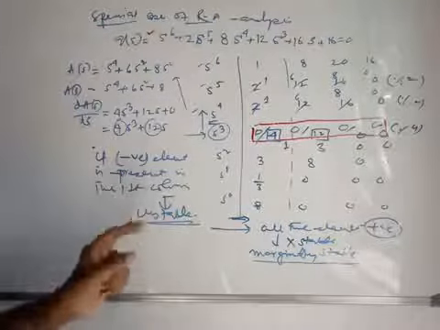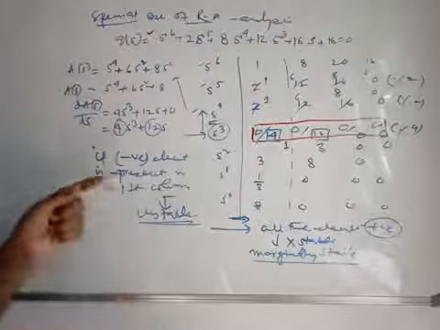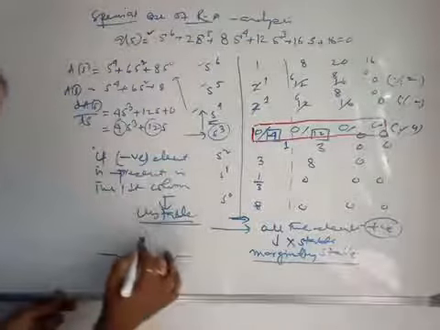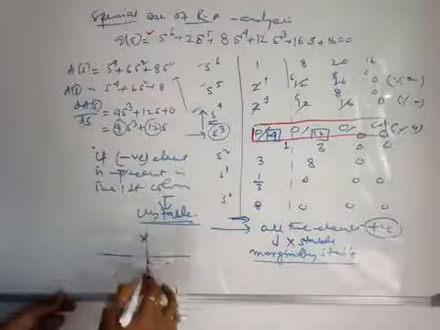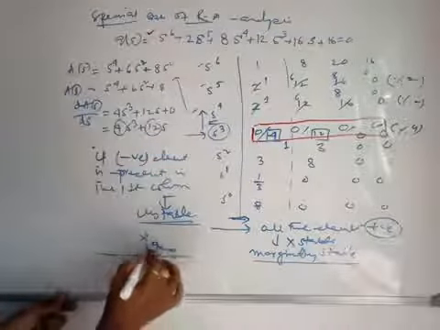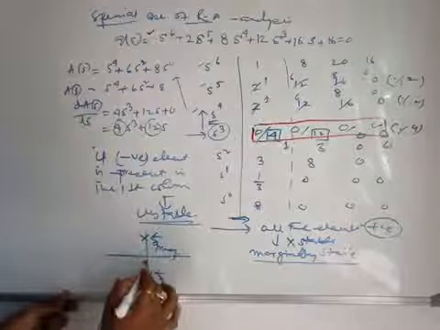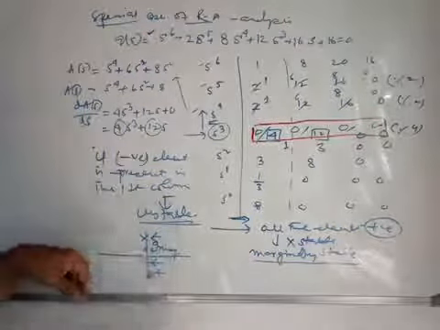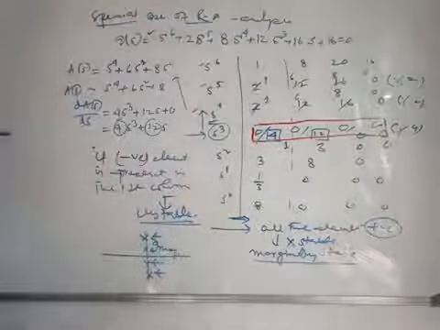And once you know it is marginally stable, definitely there exist some roots or poles on the imaginary axis. This is the concept of stability we have already discussed.